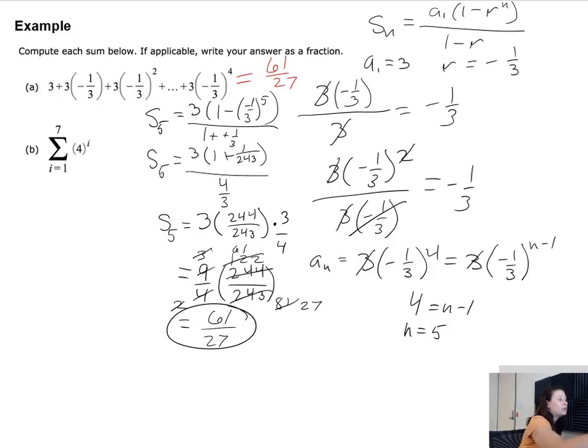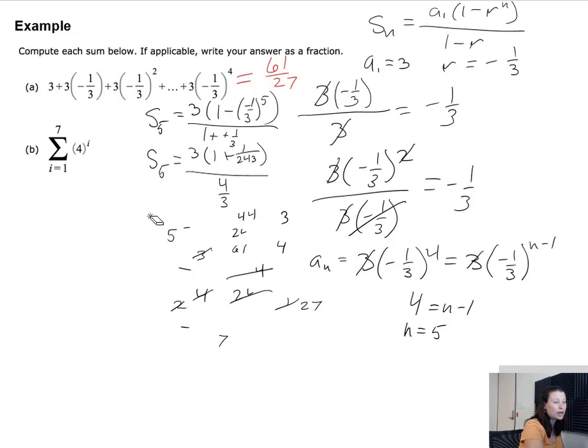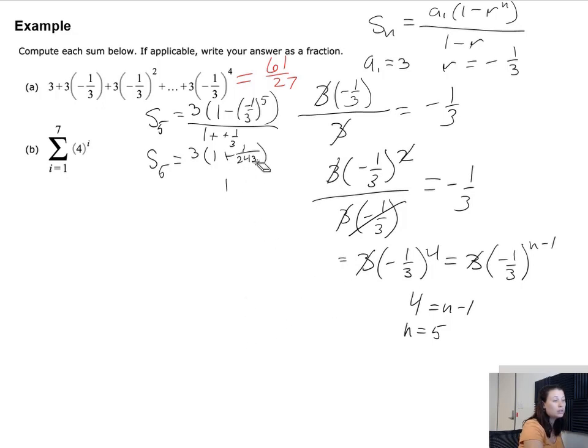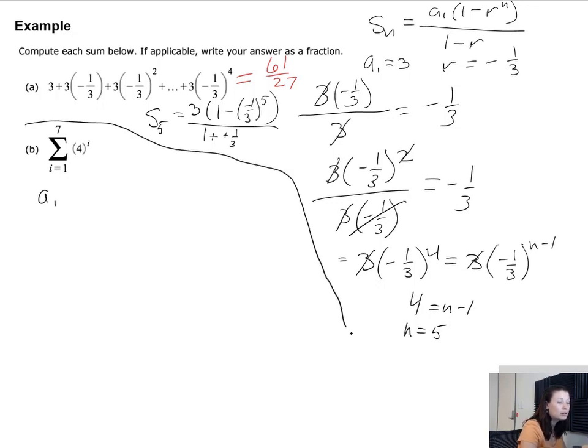Okay, so next I need to make myself a little bit of room, so I'm going to subtract some of this here. So first off, we need to find what? Well, the formula has a1, so we need to find a1 for this first, or the second one here, right?